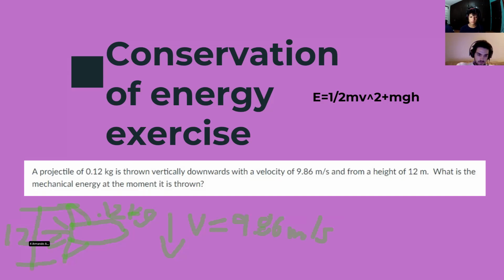Okay, now we have a problem of conservation of energy. First, we're going to draw the problem. A projectile of 0.12 kilograms is thrown vertically downwards with a velocity of 9.86 meters per second.